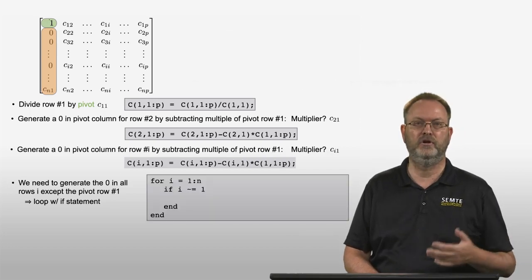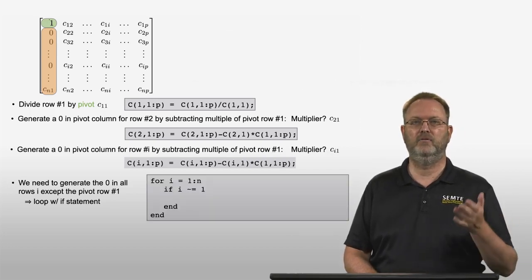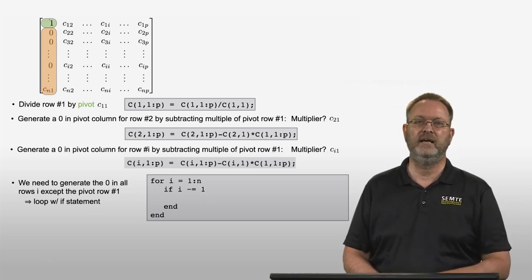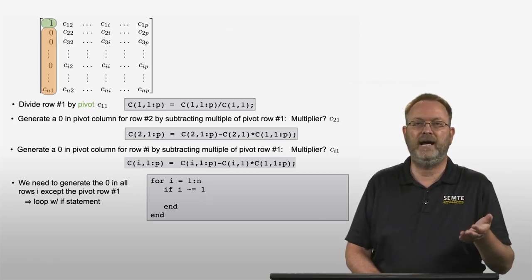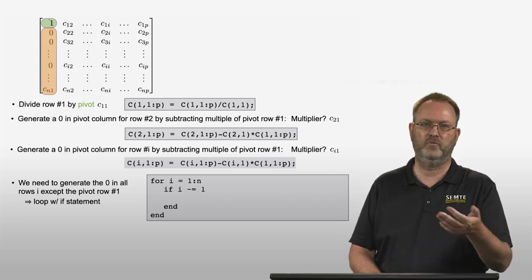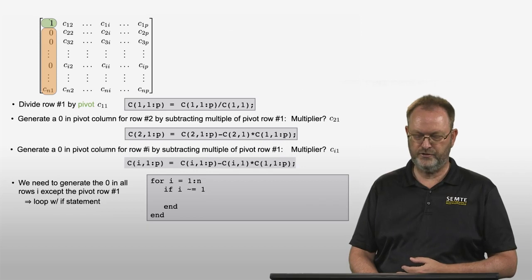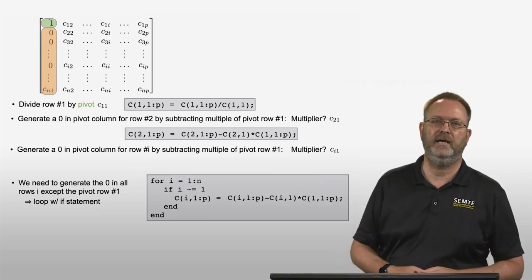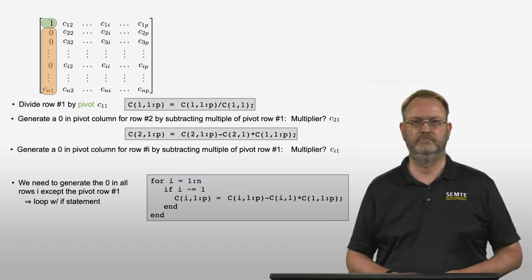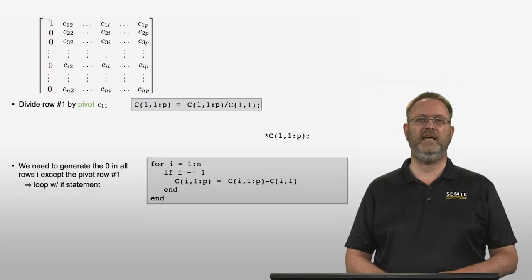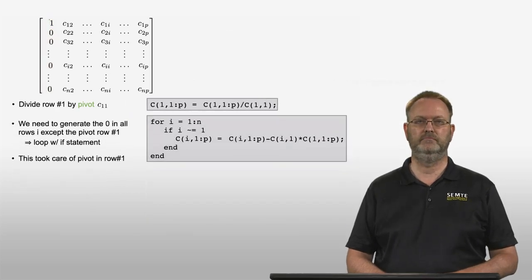So I'm going to do a loop for I equal 1 to n, where n is the number of rows that my matrix has, and if my current row I is not equal to my current pivot row 1, then I want to do this operation here to generate a 0 in the pivot column. Okay, so that's generating the zeros in the first column.